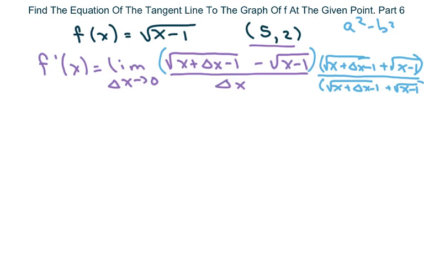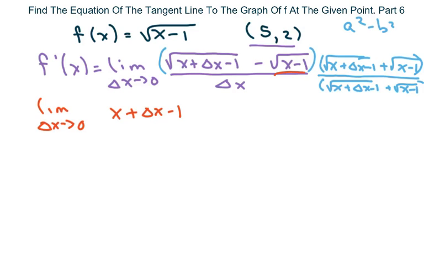So now I can write this as the limit as delta x approaches 0. And my a is the square root of x plus delta x minus 1. You square that, you just get x plus delta x minus 1.